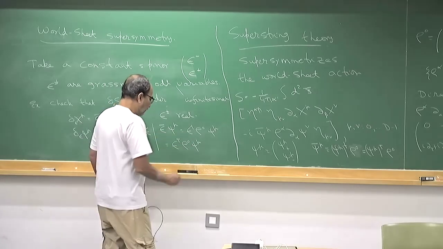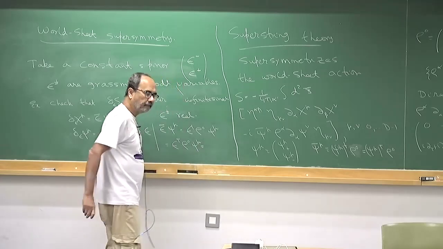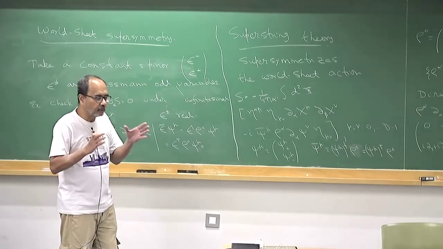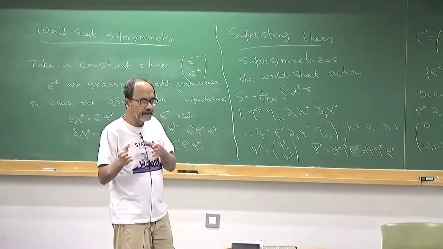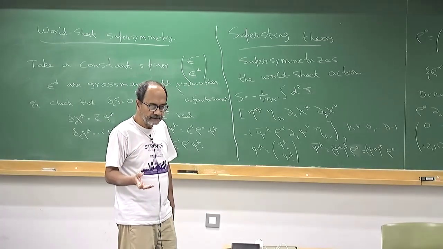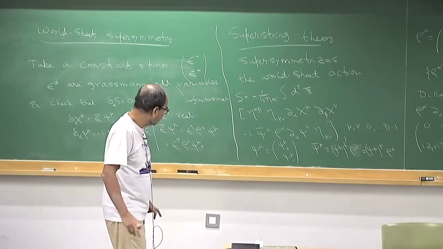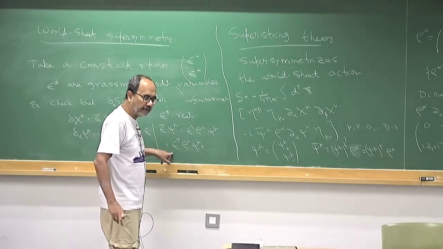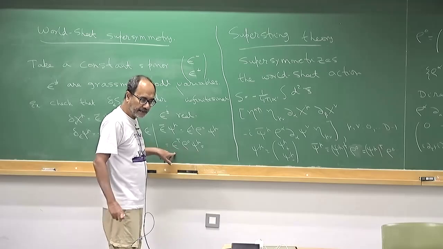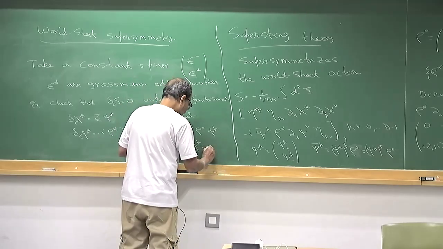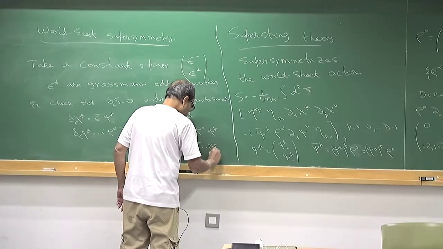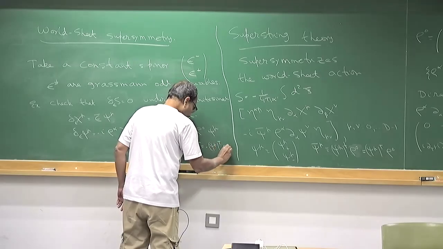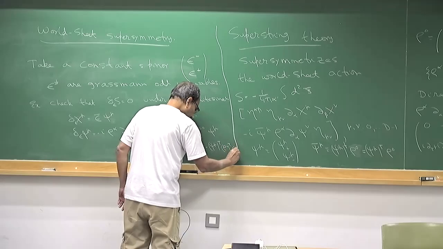Now I can do a transpose. A transpose MB is B transpose M transpose A, right? That's the standard transpose, except that here, because you have to switch the position of psi mu and epsilon, you pick up an extra minus sign. So this is minus psi mu transpose rho 0 transpose epsilon.